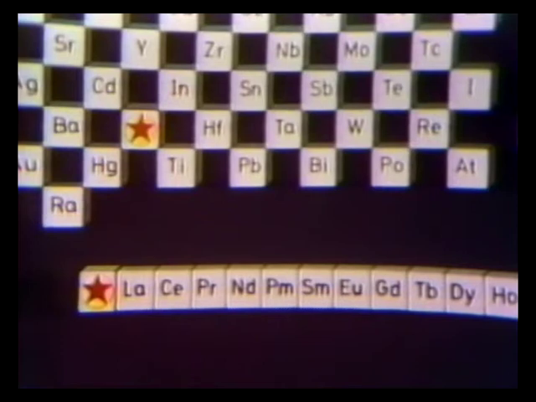This sad-looking footnote contains 15 so-called rare earth elements. They were supposed to occupy this one space marked by an asterisk in group 3. There is some justification for this. Nearly all 15 elements have highest oxides of the group 3 sort. But 15 elements in one box is a little hard to swallow.